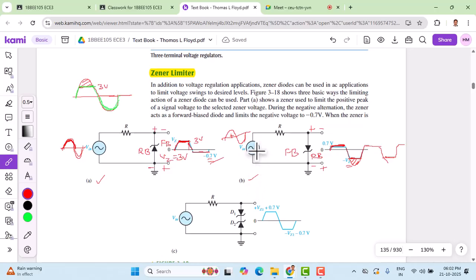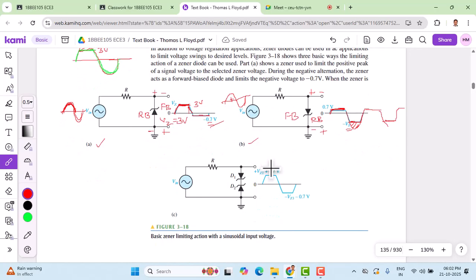And now we have another application where we have two Zener diodes connected, namely Z1 and Z2. Let us analyze this circuit for the positive and negative half cycle. For the positive half cycle, the polarity will be plus here and minus here.